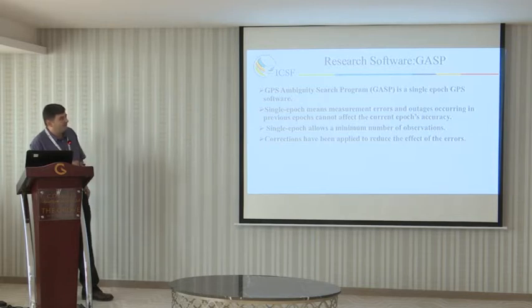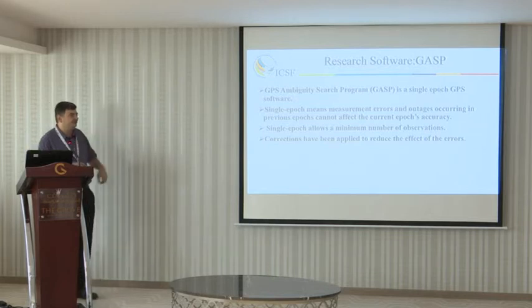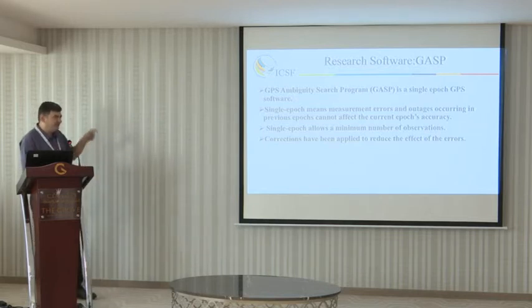Now in this software, GASP, we treat each epoch separately from the previous and separately from the afterward. This is a great thing because any errors that happened in previous processing or previous epochs won't affect my current processing. But the big issue here is that GPS has only a few observations.